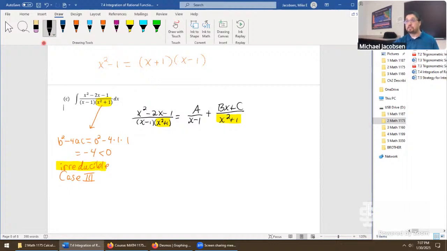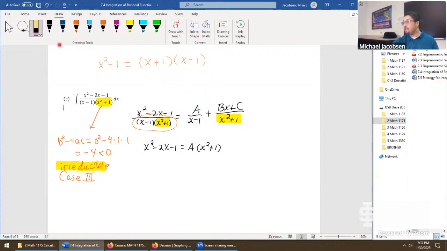We'll take the next step of clearing the denominator, which means I'm taking this whole thing, multiplying it over here. I've also multiplied on the left-hand side, so it's cleared off. We are left with x squared minus 2x minus 1 equals, when you put that whole thing right over here, the x minus 1 portion has canceled, and we obtain a times x squared plus 1.